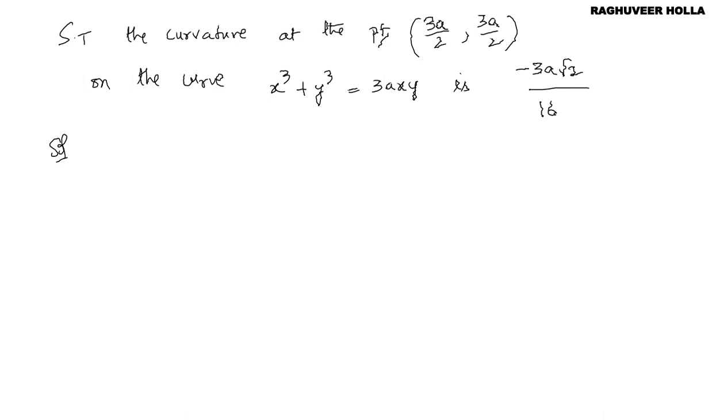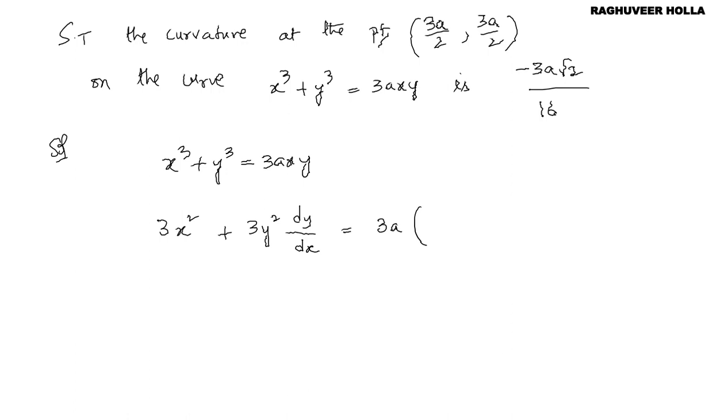Now let us take x cube plus y cube is equal to 3axy. Differentiating with respect to x, this becomes 3x square plus 3y square dy by dx, which is equal to 3a multiplied into x dy by dx plus y.